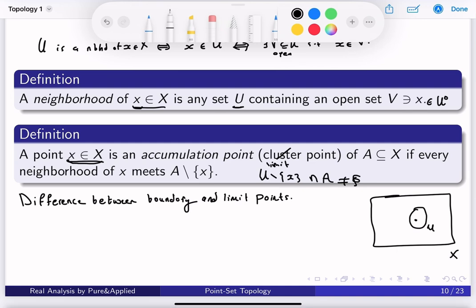So let's take the real numbers, for example, and maybe let's contrast boundary points and limit points. If we take the real numbers with the usual topology, meaning the usual way of defining open sets in R, you're taking open intervals to be open sets and their unions.